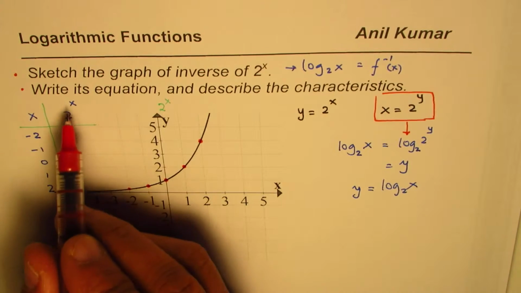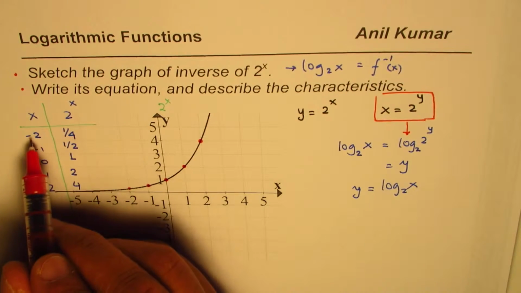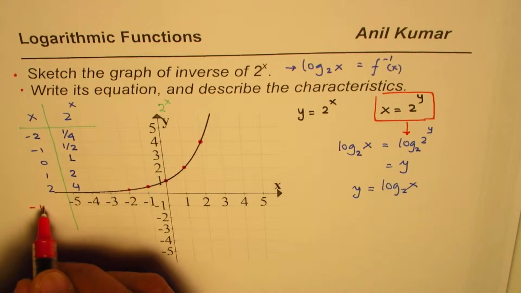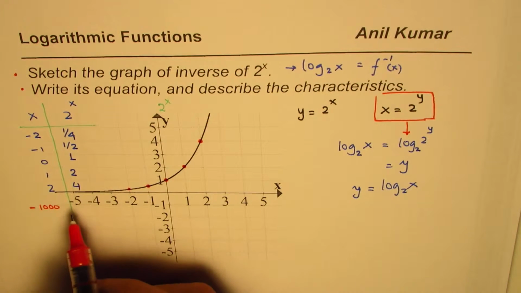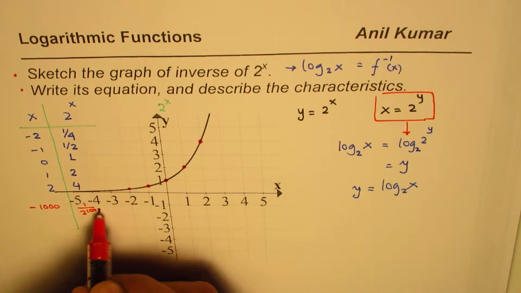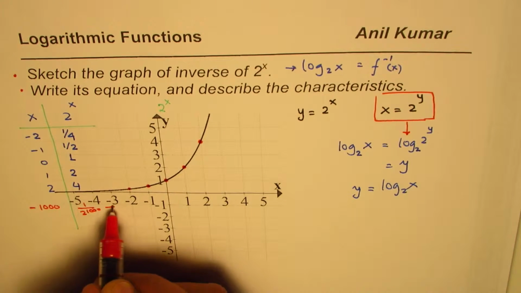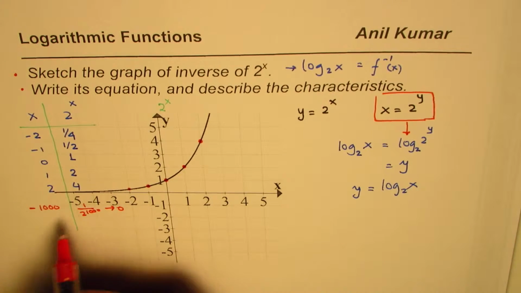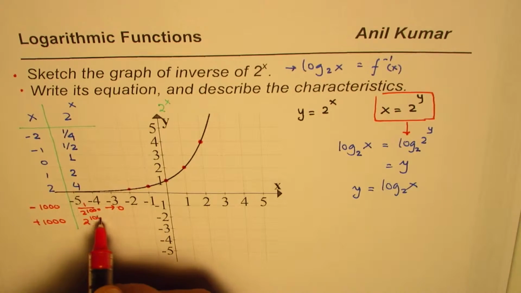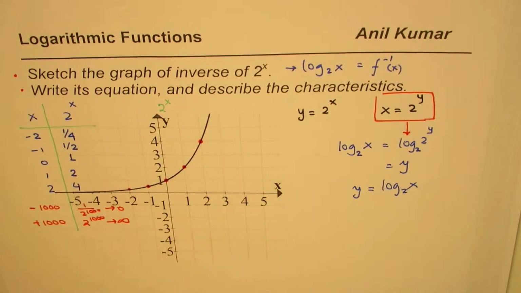Clearly, if we have x as a large negative value, let's say negative 1000 or even 100, in that case, we'll get 1 over 2 to the power of 1000, which is extremely small. That approaches 0. If we have positive 1000, then it's 2 to the power of 1000, which approaches positive infinity.